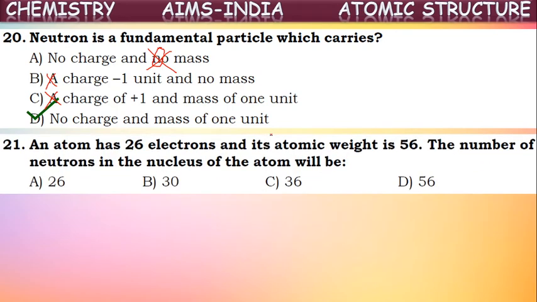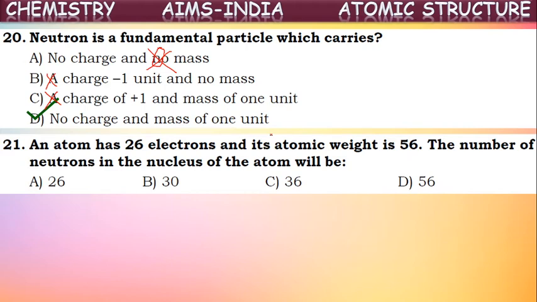An atom has 26 electrons and its atomic weight is 56. The number of neutrons in the nucleus of the atom will be. So what is given here? In the neutral state, an atom has 26 electrons. We know for a neutral atom, number of electrons is equal to number of protons.